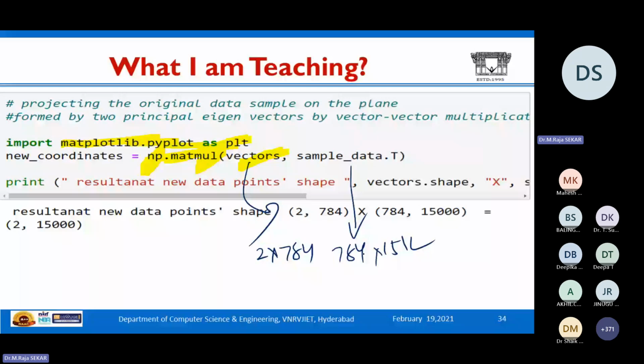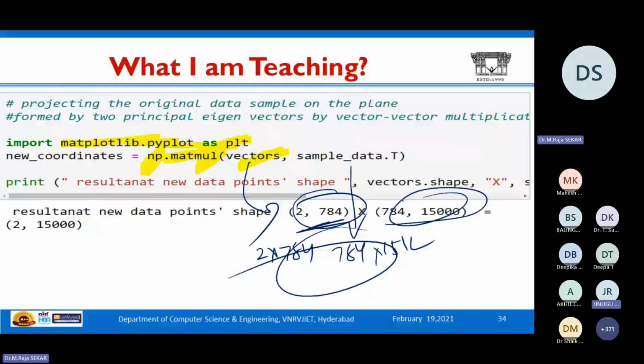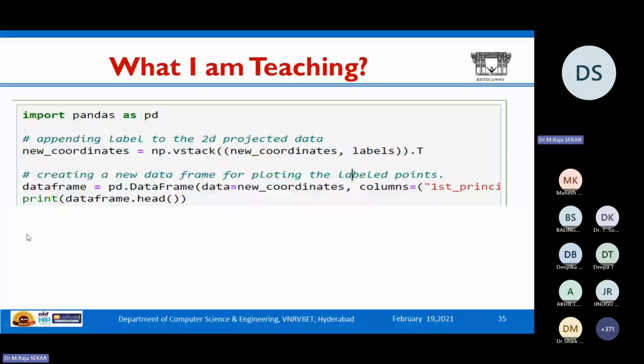You are multiplying the 2 eigenvectors with the original matrix. Your original matrix size is 15,000 by 784, and to accommodate matrix multiplication, I'm taking the transpose. If I multiply these 2 matrices, you will get 2 by 15,000. If you take the transpose, you will get 15,000 by 2.